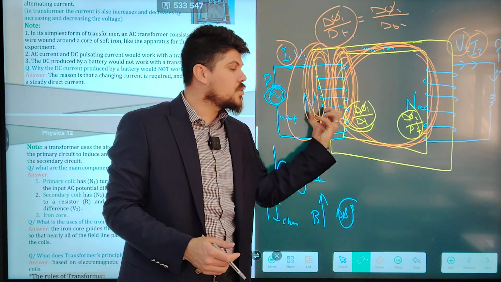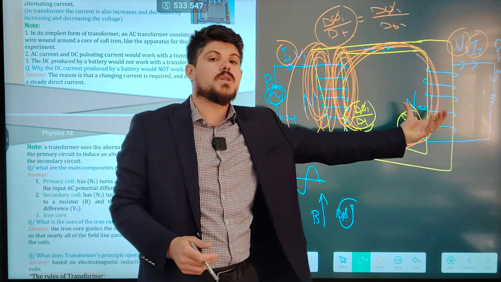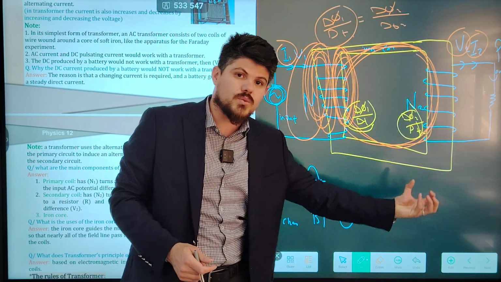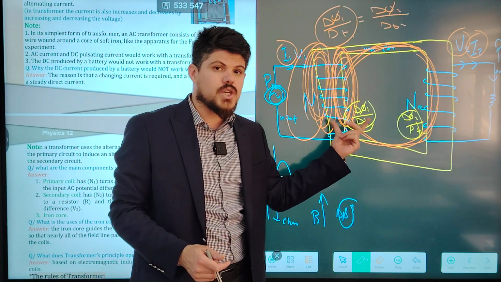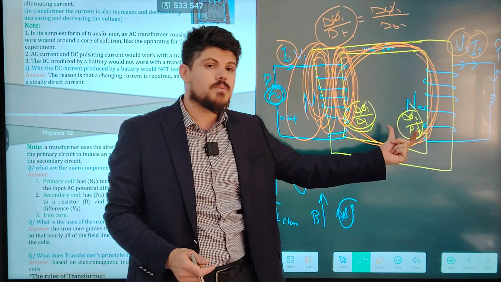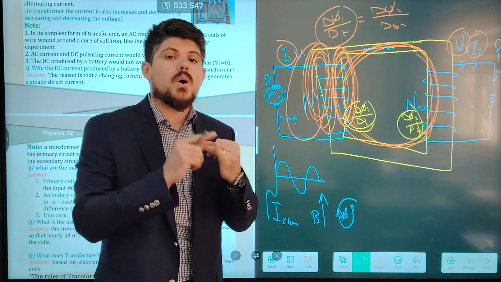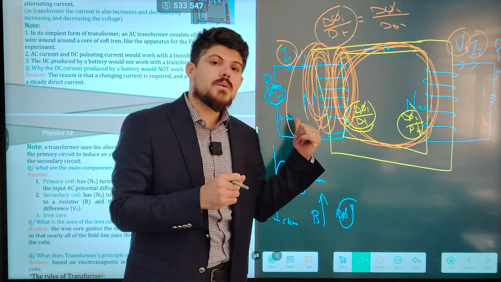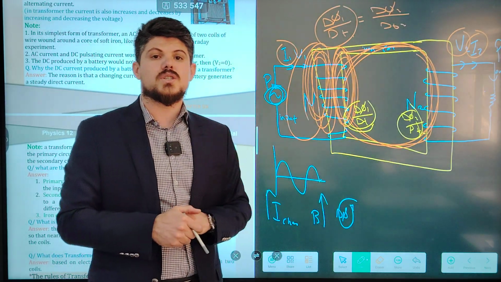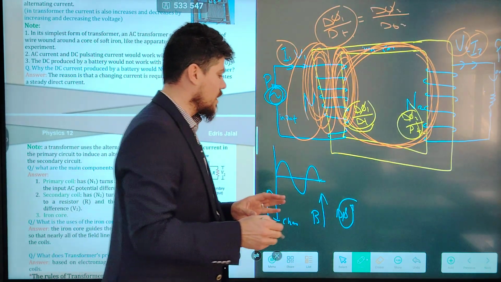When the magnetic field decreases in the primary coil, it also decreases in the secondary coil. So the time rate of the changing flux is equal between the primary circuit and the secondary circuit. In a transformer, the time rate of changing magnetic flux in the primary circuit is equal to the time rate of changing flux in the secondary coil.